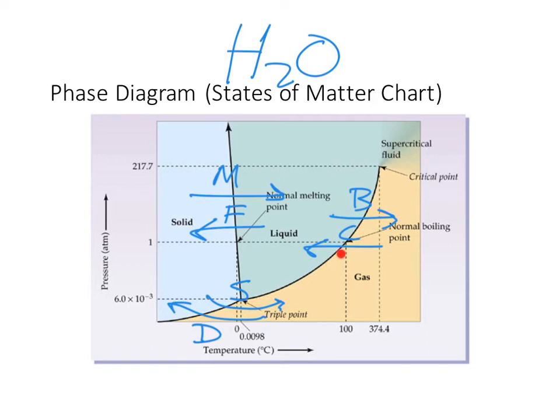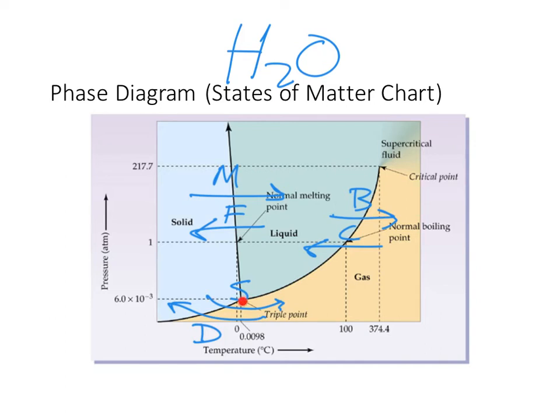And this line here is the equilibrium line between liquid and gases. So if you're at a temperature and pressure that corresponds to being on one of those lines, then the two phase changes, boiling and condensation in this case, are going on at equal rates. Here, melting and freezing would be occurring at equal rates.